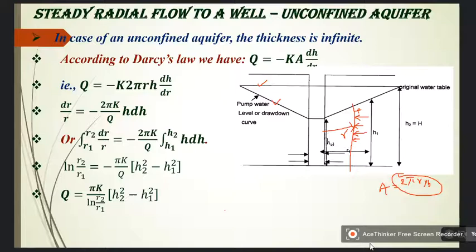So therefore, in the case of unconfined aquifer, the area of flow A is equal to 2 pi R, up to this there is no change, multiplied by H instead of B. So this is the difference.